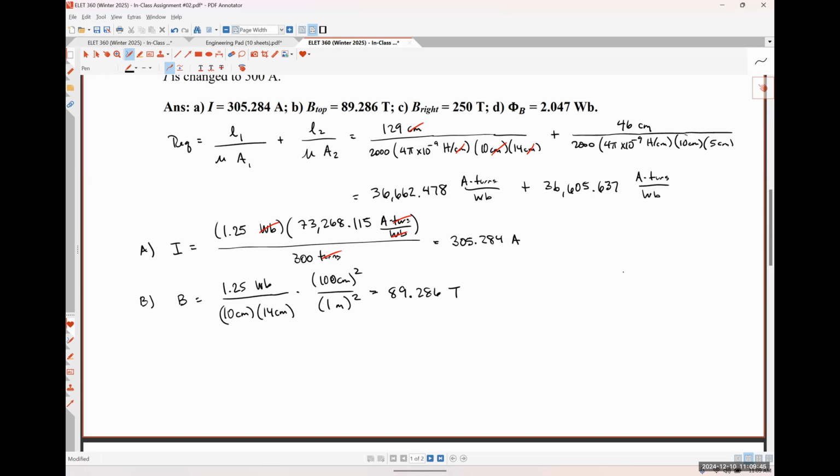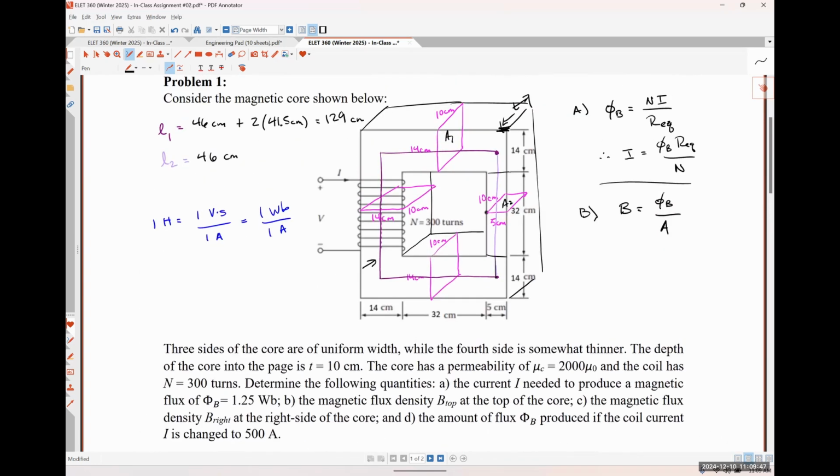So then for the right side, we do the exact same thing, except we would use the cross-sectional area. Yep, absolutely right. So for part C, exact same relationship. B is going to be phi B over A, but now we use the area of the rightmost leg of our core.